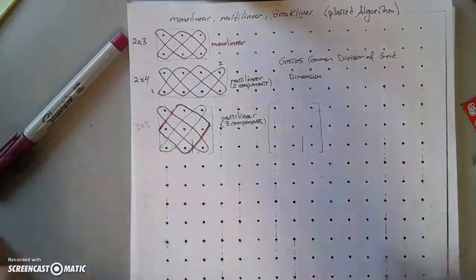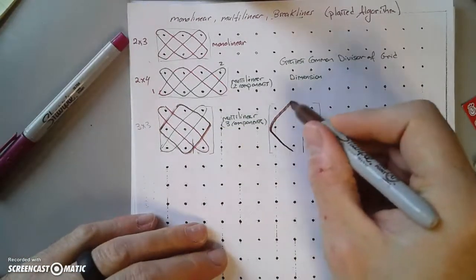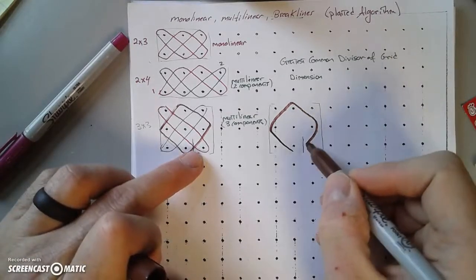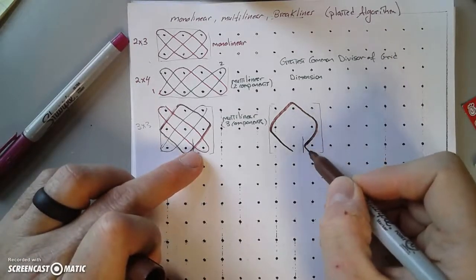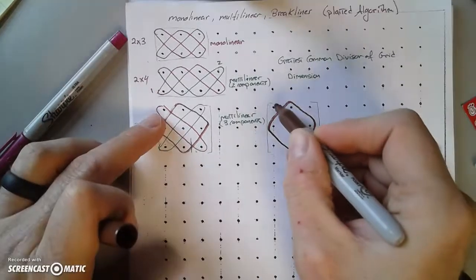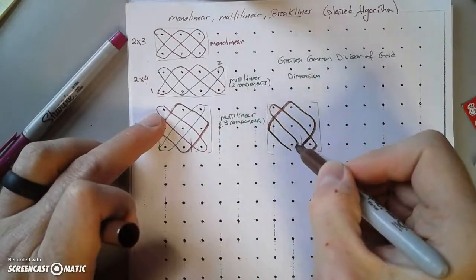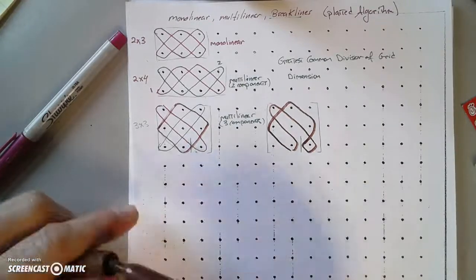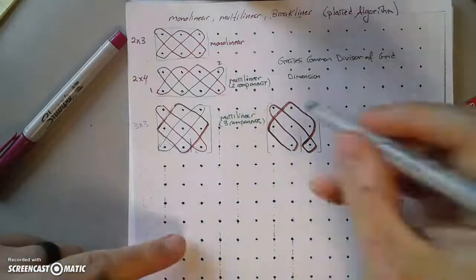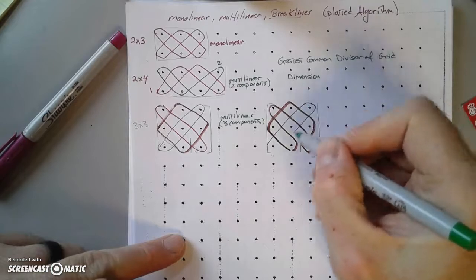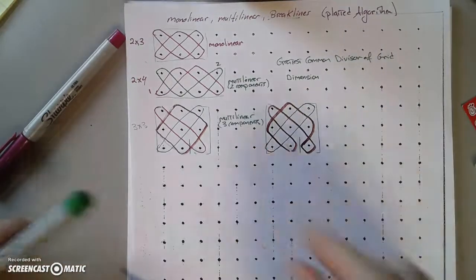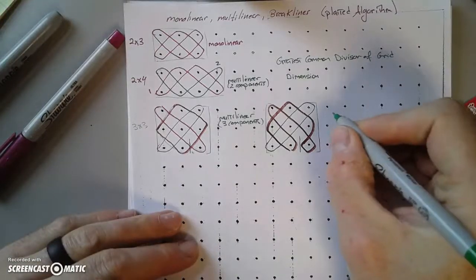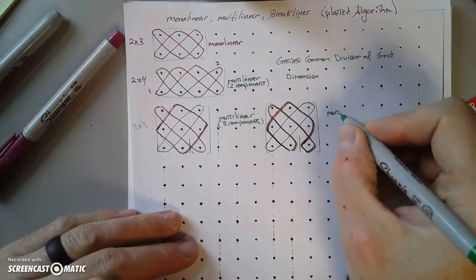So I'll use the same color. I'm doing brown, and then I'm not allowed to return back to my start. The breakline stops me. So I reflect, and now I'm on this purple curve, and now I'm back to the brown. So that breakline had the result of joining two curves together. I still need this green one to complete enclosing all the dots. But now I have a new Lusona, and it's still multilinear.